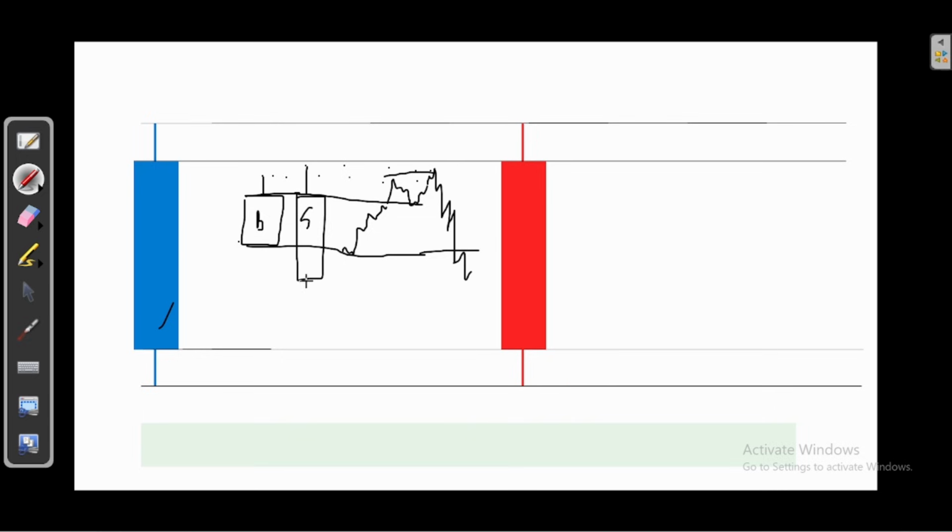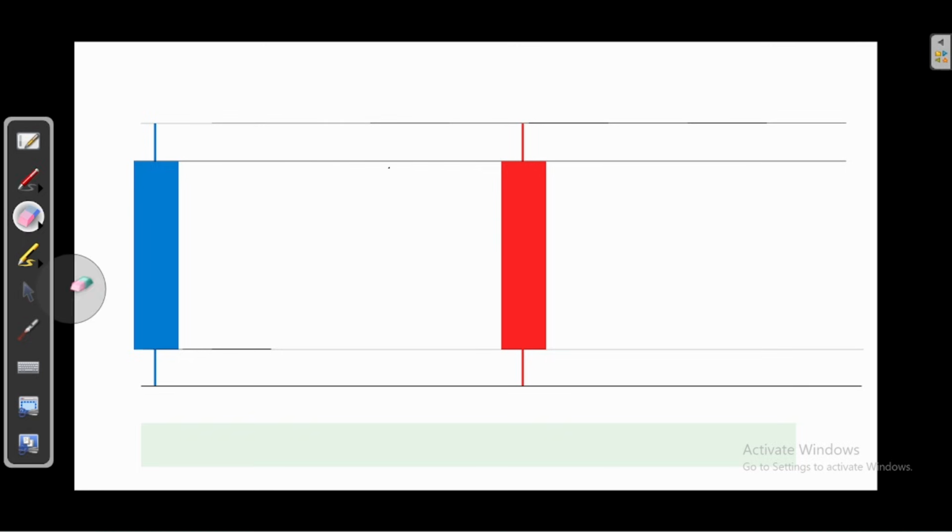Can you see? So if you go to lower time frame, this is what you are going to see. Double top, or this one is liquidity sweep, then price pushes down. That means when you see candle on higher time frame, you already know what is happening on lower time frame. I believe you get that.